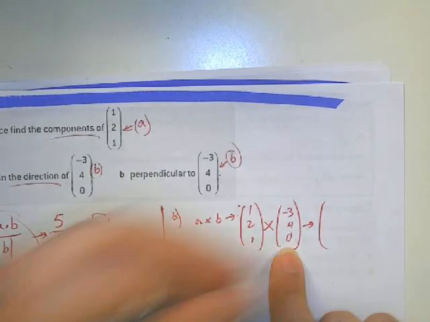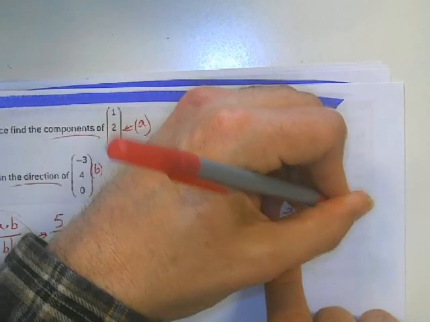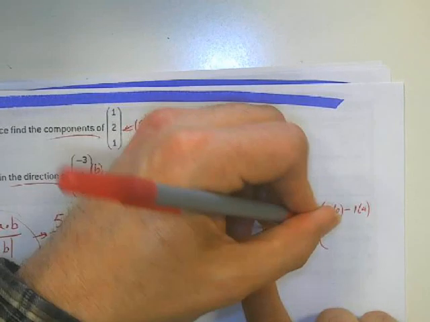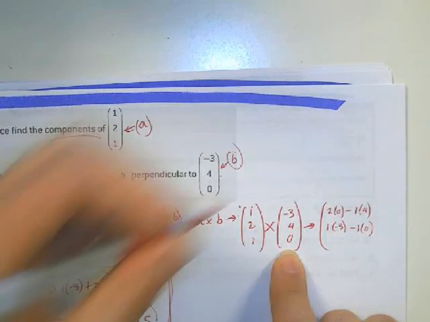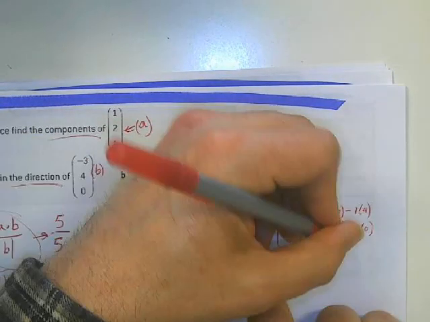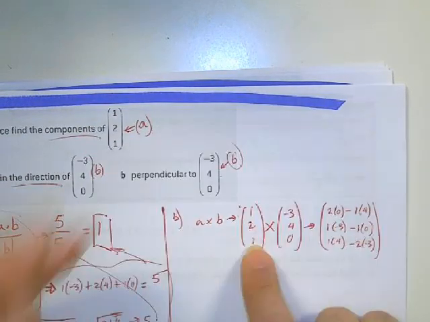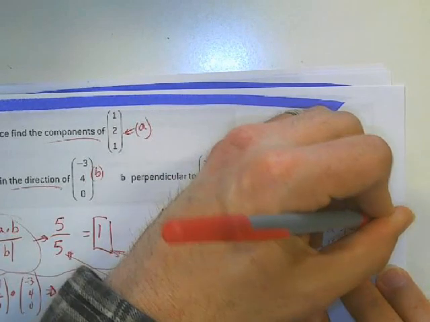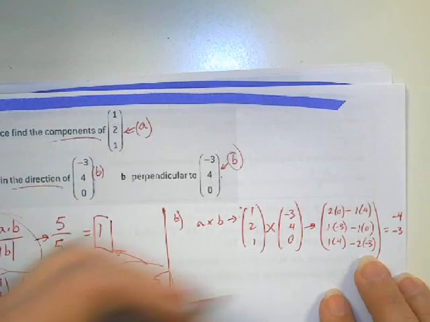2 times 0 minus 1 times 4. And then the middle one is 1 times negative 3 minus 1 times 0. And the bottom one's going to be 1 times 4 minus 2 times negative 3. That should simplify to give us negative 4, negative 3, and positive 10.